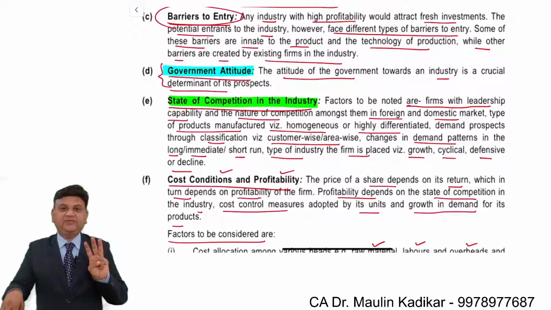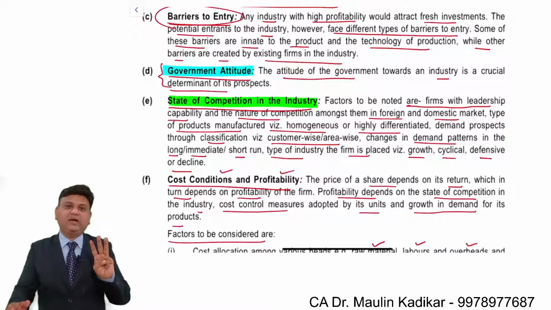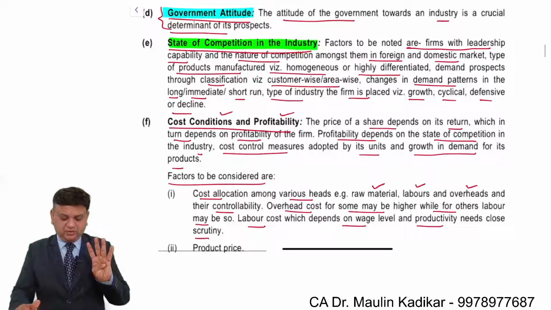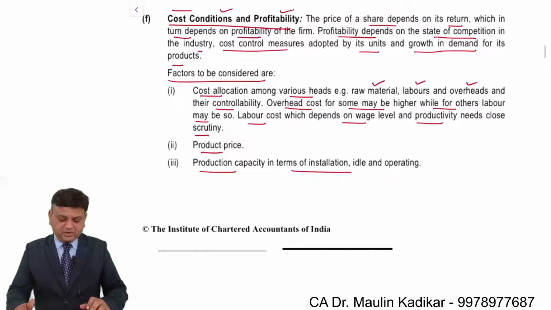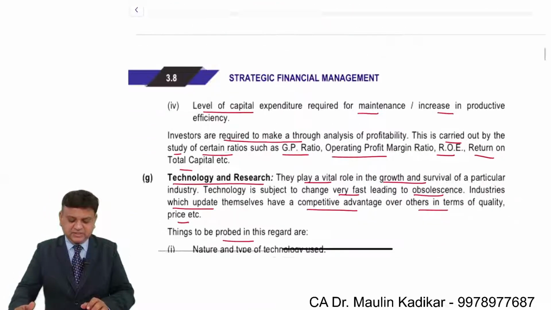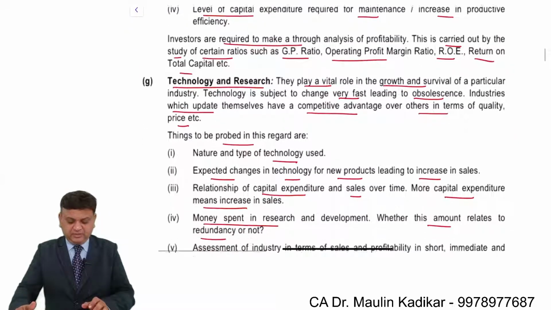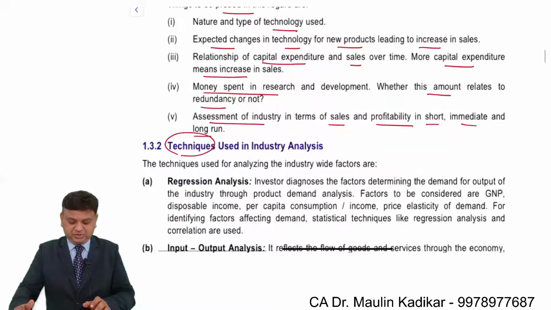But that line of business may be so competitive now that it is not possible for anybody to enter into the market unless you are ready to bear a loss for a longer period of time. Government attitude for that industry, state of the competition in that industry, cost control and the profitability, that is availability of the raw material, everything, technology and research.